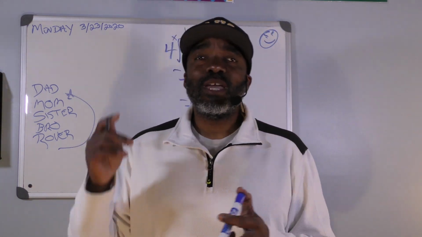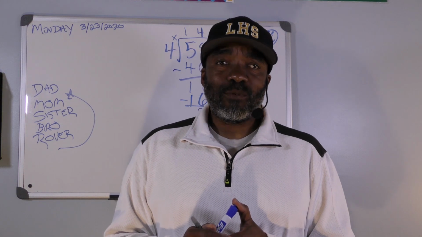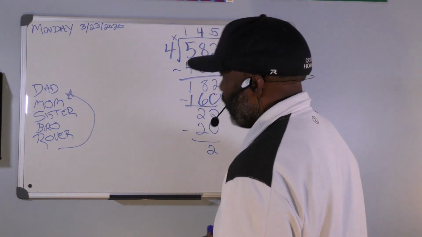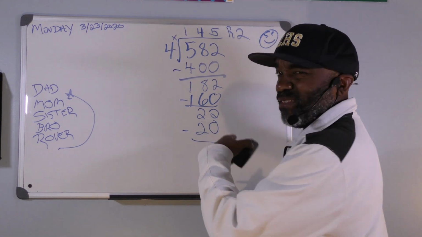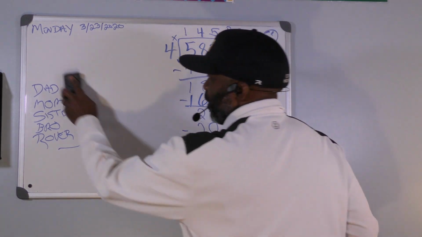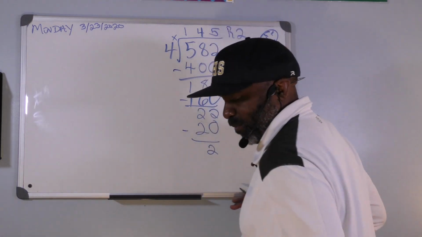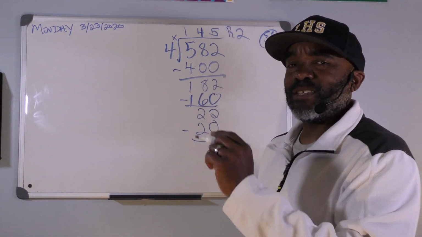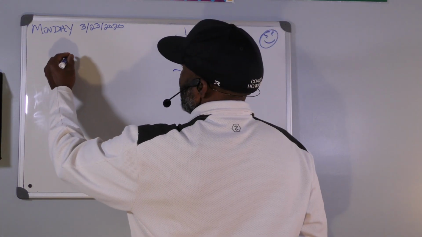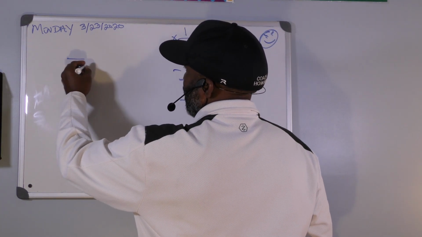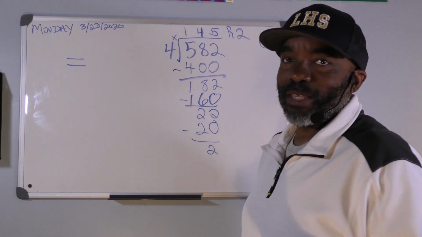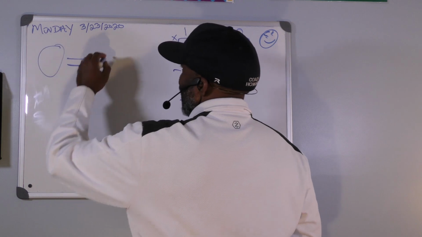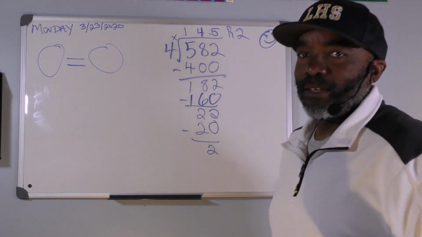But again, the one thing I really want you guys to constantly remember, and we talked about this in class, is this. We're going to erase mom, dad, sister and brother. I cannot emphasize enough: what does this mean? Yes, we know that's an equal sign. What does it say about this side and this side?